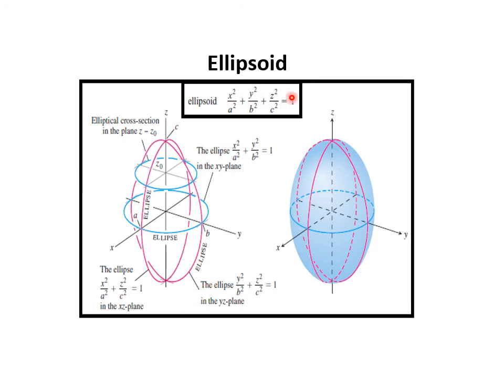So the generating curves for the surface ellipsoid are ellipses in all the three coordinate planes. In a sphere, the generating curves are circles in all the three coordinate planes, whereas in an ellipsoid, the generating curves are ellipses.